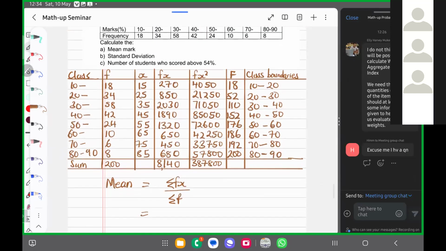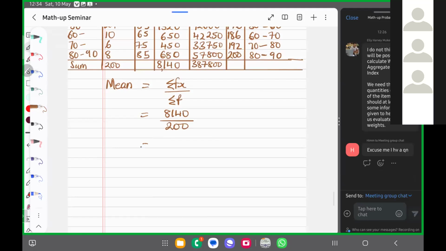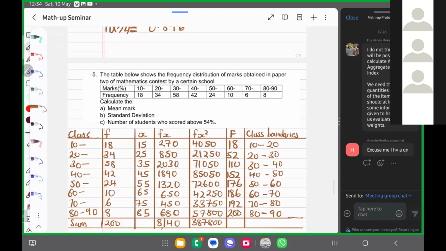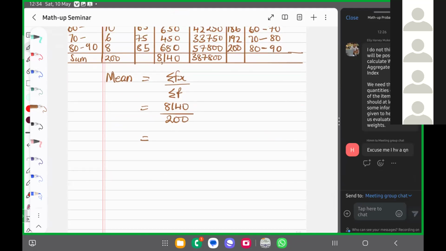Summation of fx is 8140, and then summation of f is 200. What's the answer?